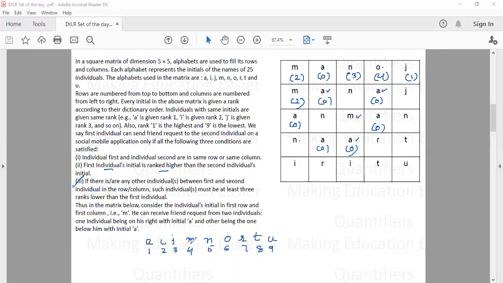M is also ranked higher than N. So this N can receive requests from A, this M and this A. This A can also send the request to N because M is ranked 4, A is ranked 1, so there is a gap of 3 ranks. This N will get 4 requests. Next is J. Now this J can only receive the request from this A, because only I and A are ranked higher than J. So only I and A can send the request to J. So J will get only 1 request.